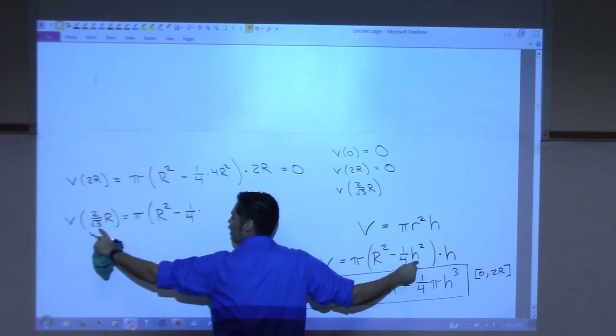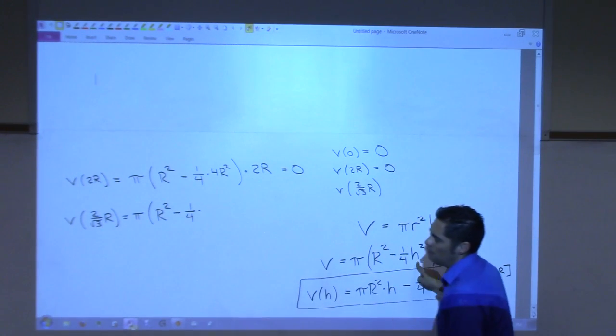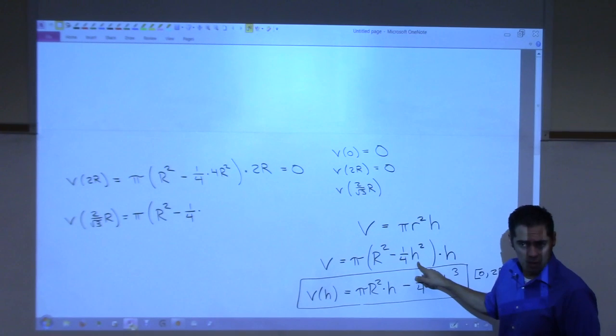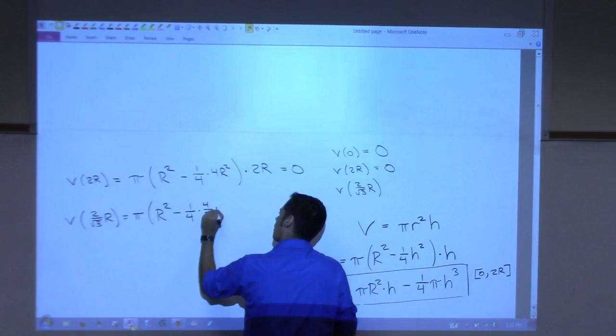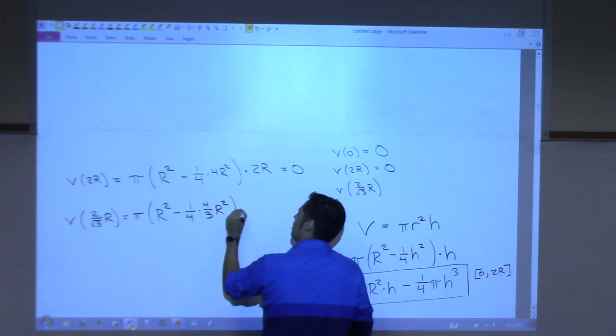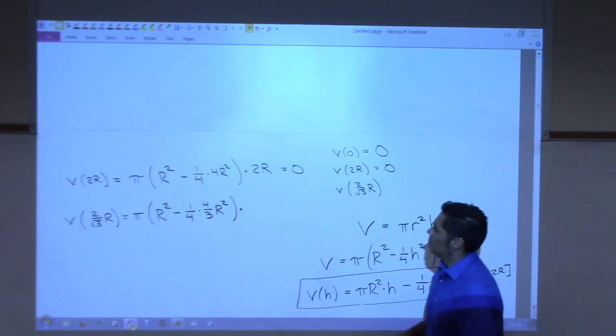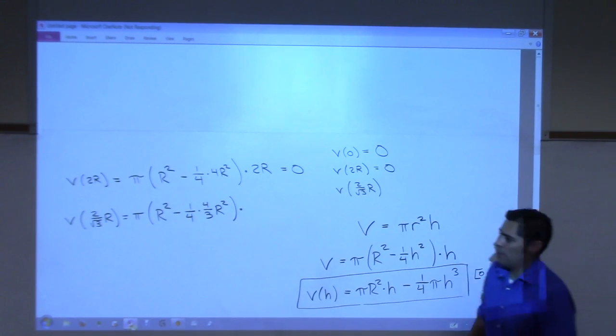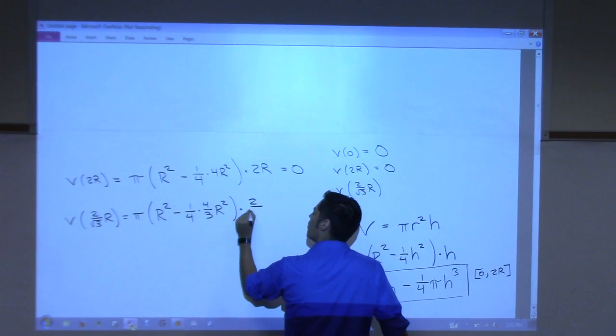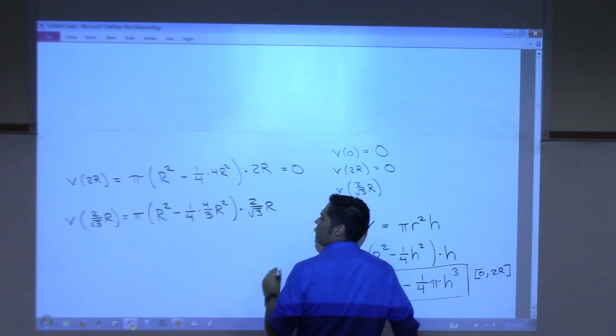So what happens when you square that? 4/3 R, capital R squared? Times h. But h is what? Two over root 3 capital R, right?